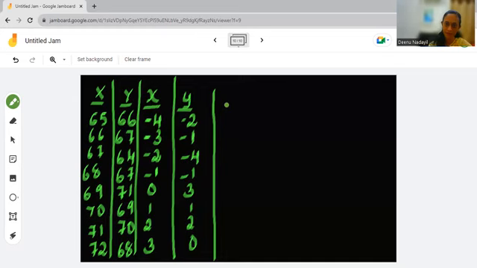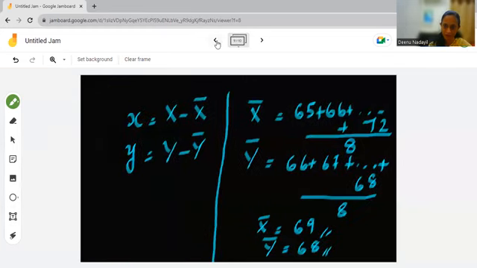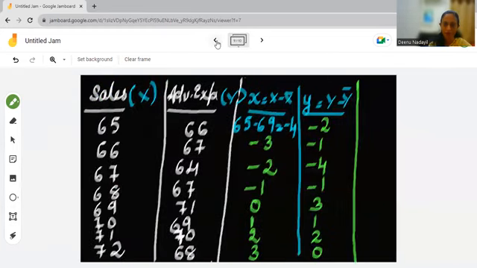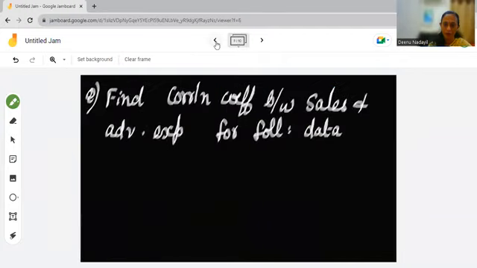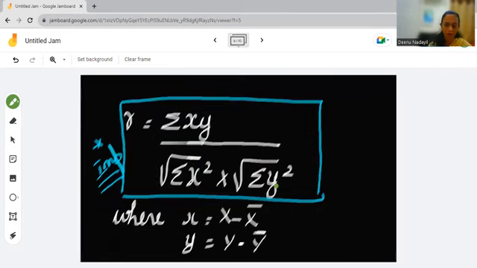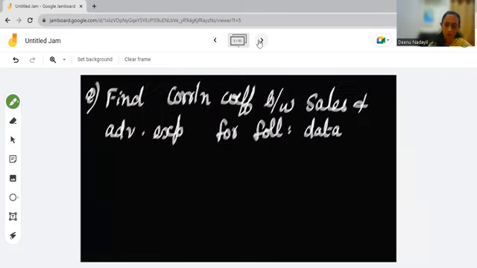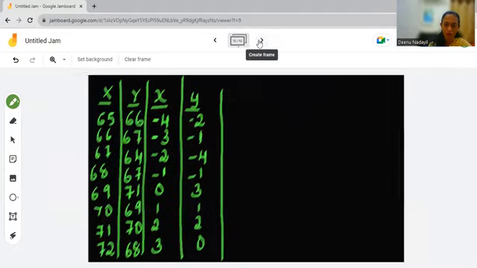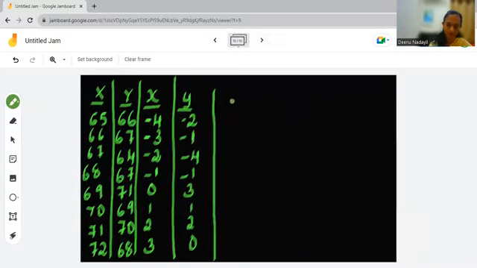Now how will we proceed with the table? See the formula and proceed with the table. Here in this formula we have xy, so we'll find xy. Then in the formula we have x square and y square, that also we need. xy means just the product.